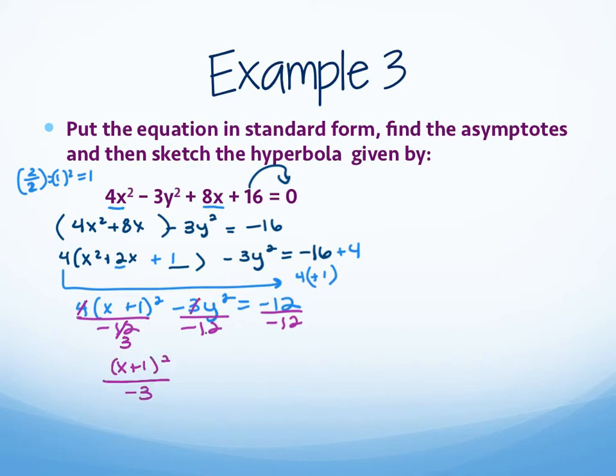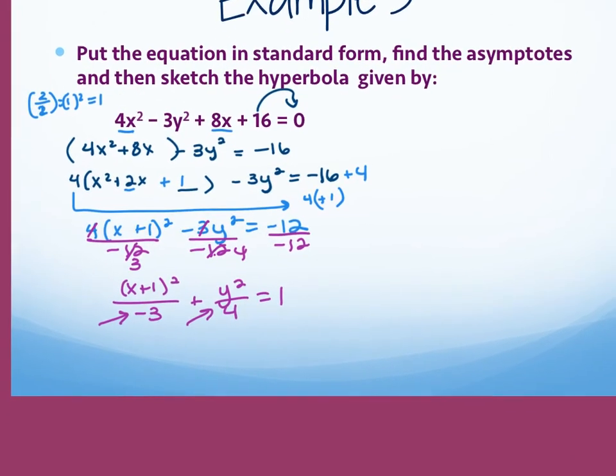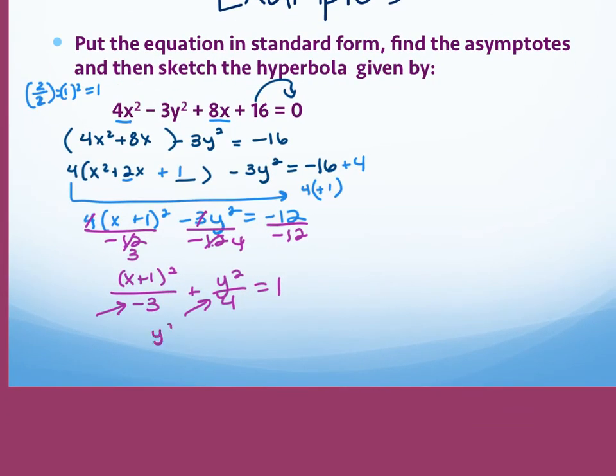Negative 3 and negative this is 4, but it comes positive, equals 1. Now, because this is negative and this is positive, I need to switch the order. So it would be y squared over 4 minus x plus 1 squared over 3 equals 1. Here's my standard form.